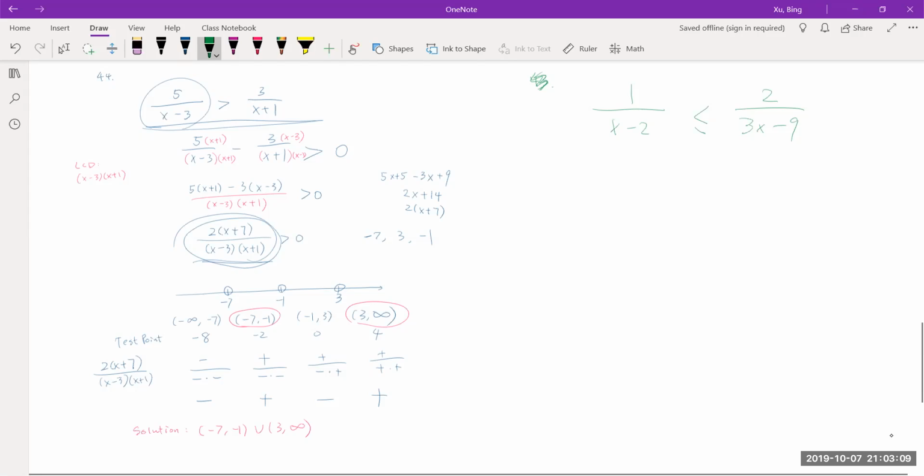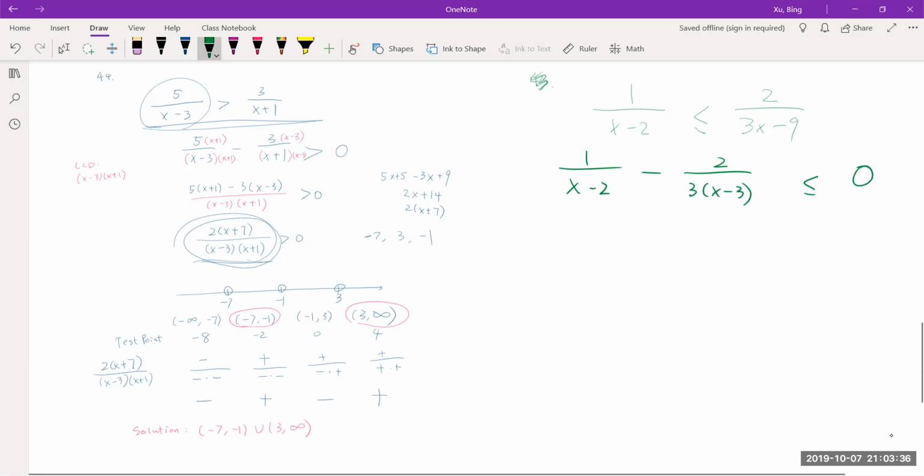Okay. All right, so first step, we need to make one side equal to 0. Right? That means I will move 2 over 3x minus 9 to the left side. Okay, so right now I will factor out this 3 to make it look like that, because that's factorable.